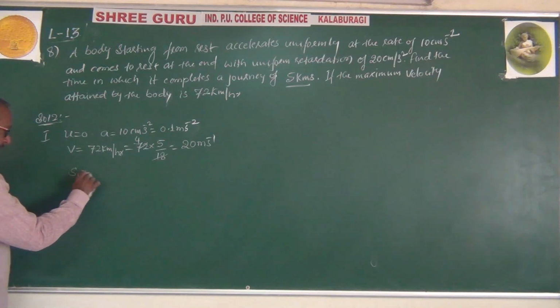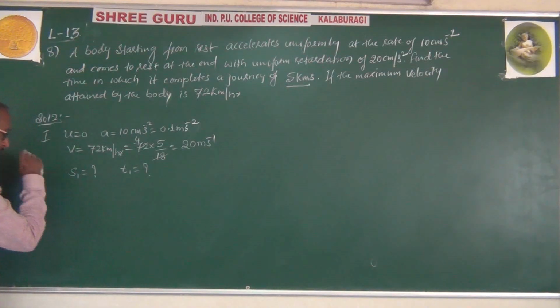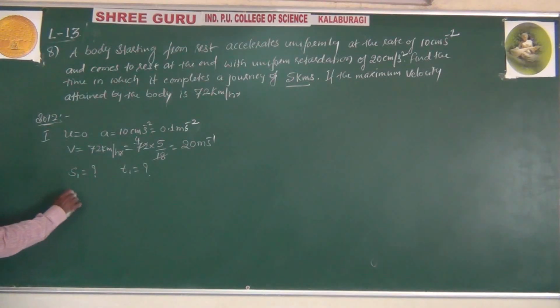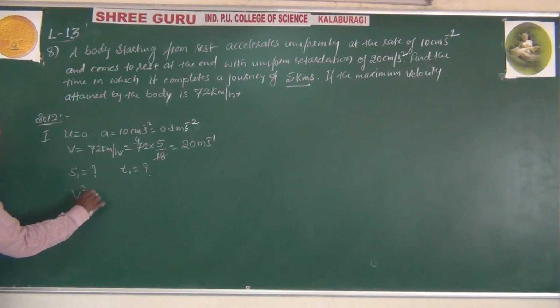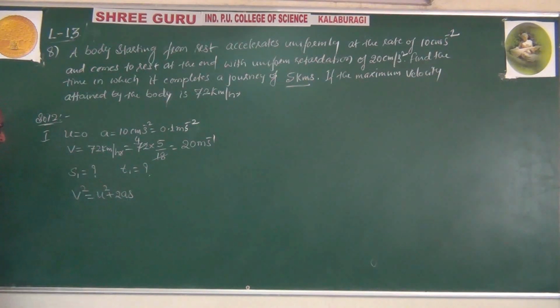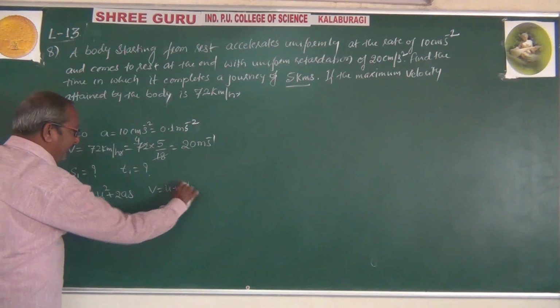Distance is S1, time is T1. So according to our equation, here u is there, v is there and a will be there. For that, it is better to use the equation v square equal to u square plus 2as. For time, v equal to u plus at.